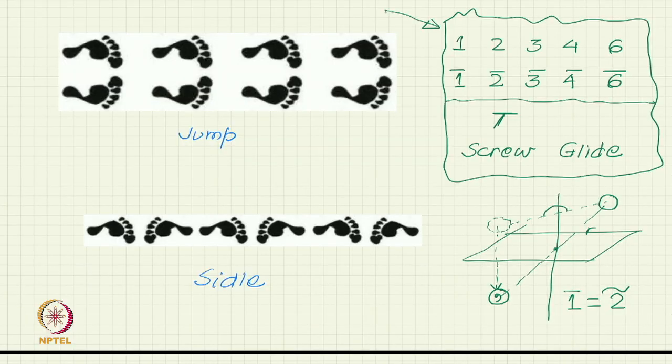You can then show what you are demanding and we have not done: if this is the only requirement, what all possible mappings are there in 3-dimensional space, or in general in n-dimensional space, which will satisfy these two criteria, that it does not change the distances and it maps the object to itself.